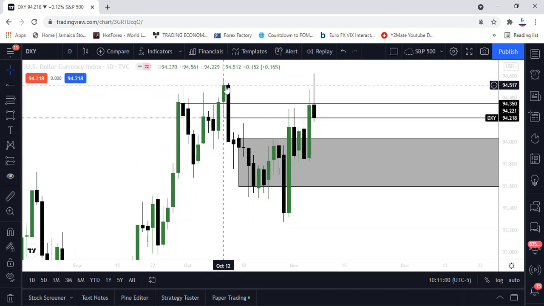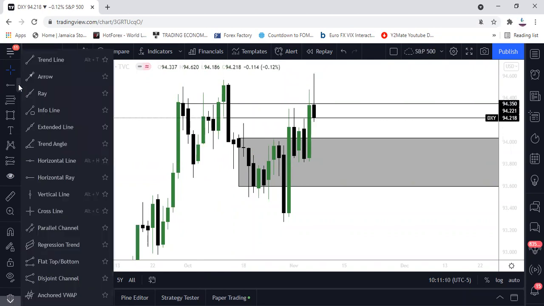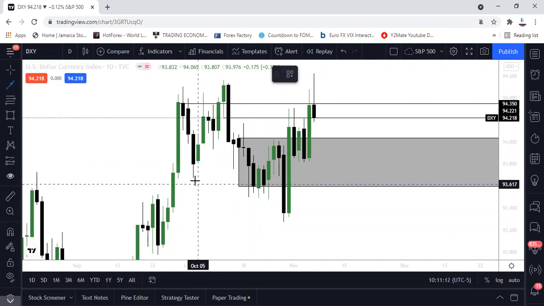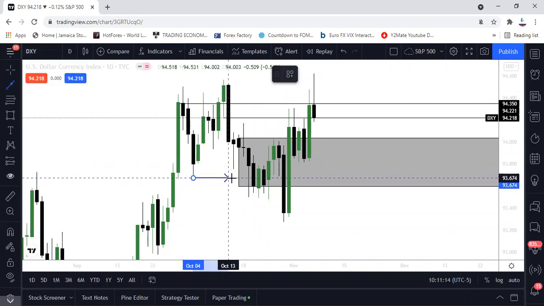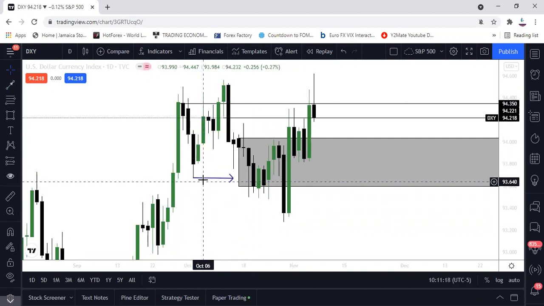If this market is bearish, we need to see a structure break, which would have been this low right here. So we can put a small arrow here to make it right there. Okay, cool. So this is my low that I'd need to see price close below for me to consider it a breakout structure.